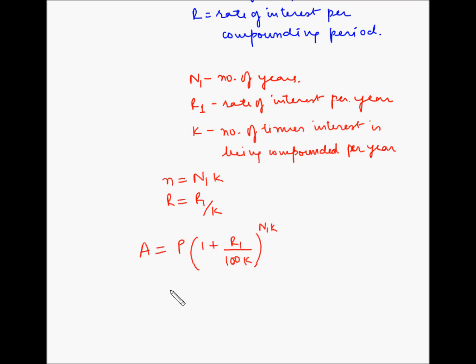So in case of continuous compounding, we can express this expression as A is equal to limit where x is tending to infinity, P multiplied by 1 plus R1 by 100k to the power N1k.